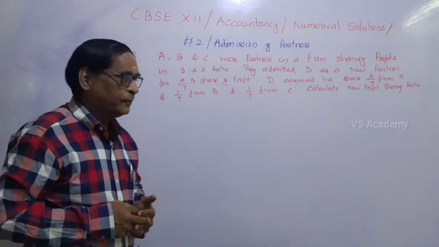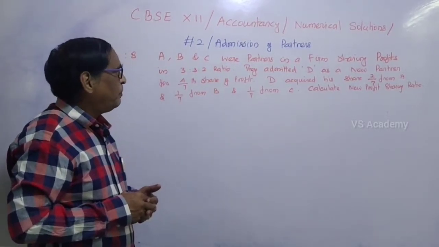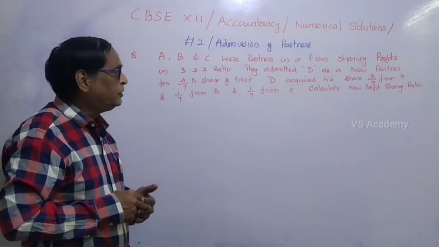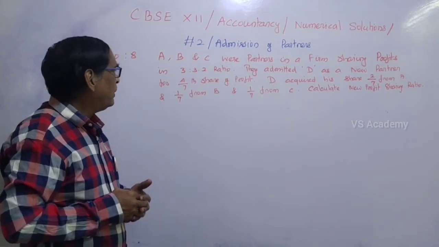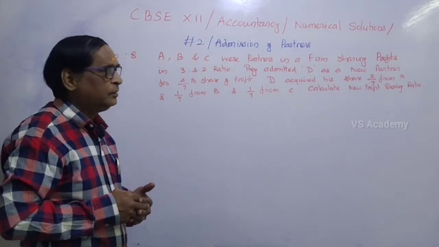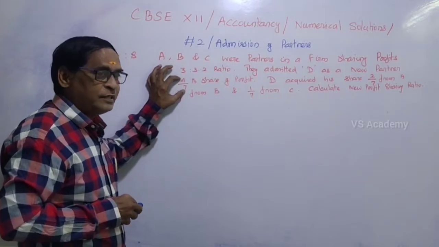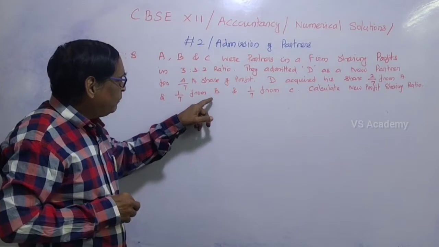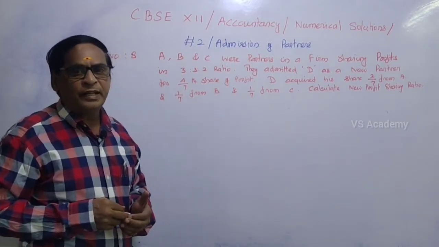The next one, the question number 8. A, B and C were partners in a firm sharing profits in the ratio 3:3:2. They admitted D as a new partner for 4/7 share of profit. D acquired his share, that means 4/7 share, 2/7 from A, 1/7 from B and 1/7 from C. Calculate new profit sharing ratio.